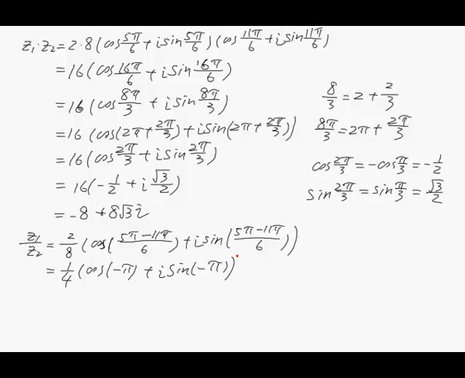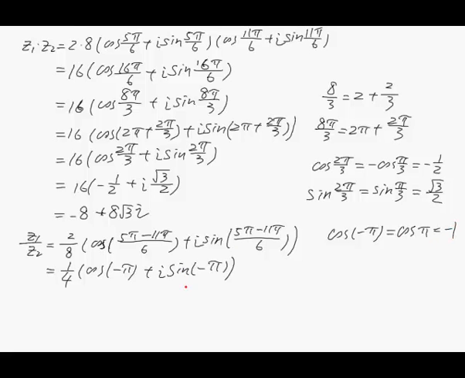And what is the cosine of the negative pi? First, you know cosine is even function, right? So this guy is equal to cosine of pi. What is cosine of pi? Negative 1. Right? Negative 1.